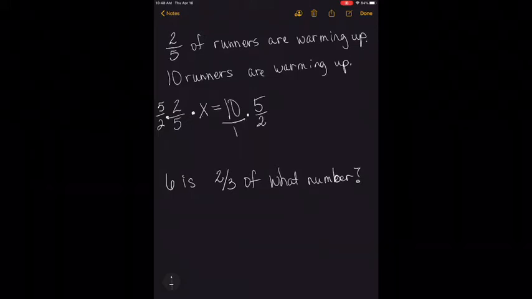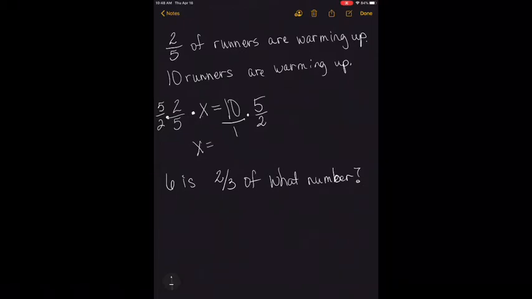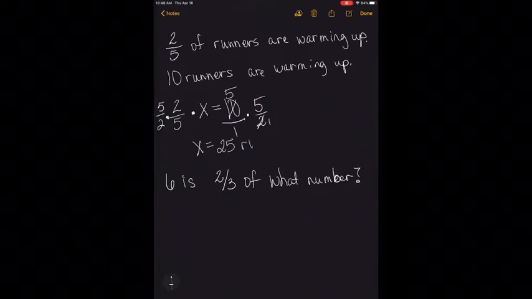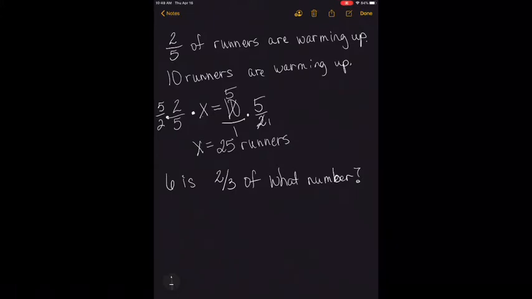So if we multiply both sides by the reciprocal, then we can just be left with 1x. So x equals, and now we can cross cancel. Our 10 becomes 5, and our 2 becomes a 1. So x equals 25 runners.